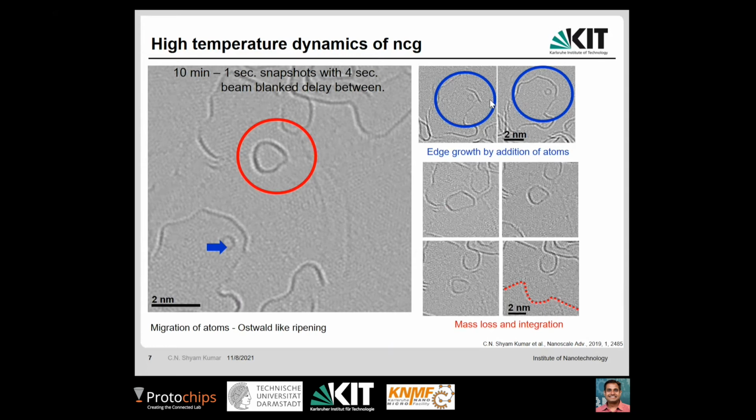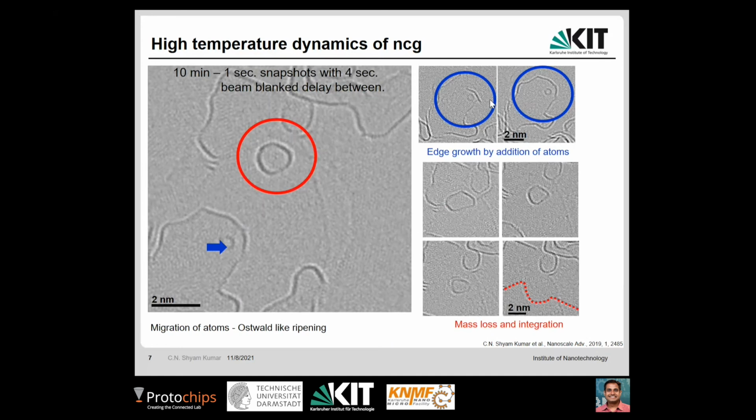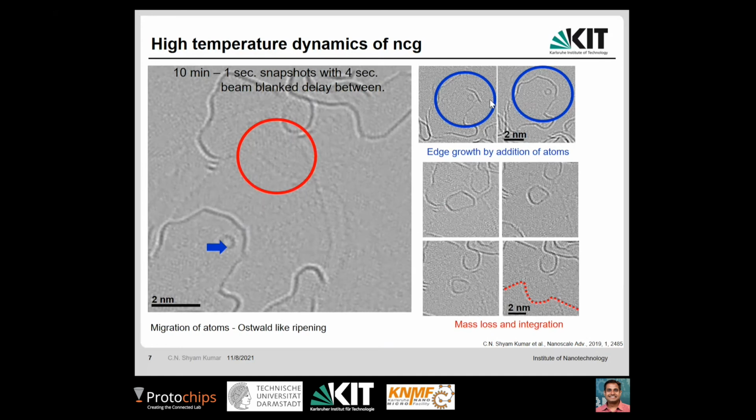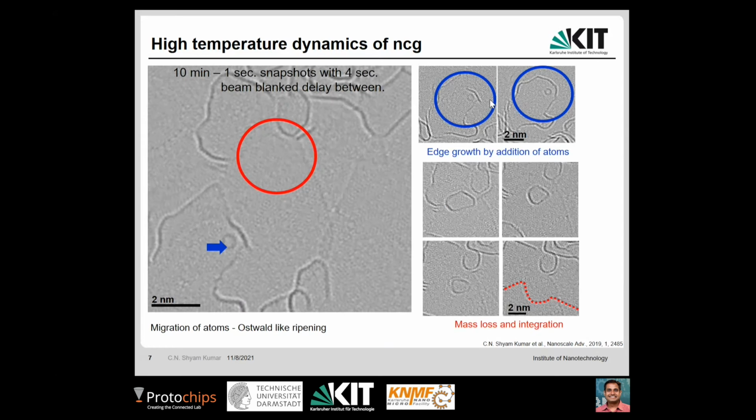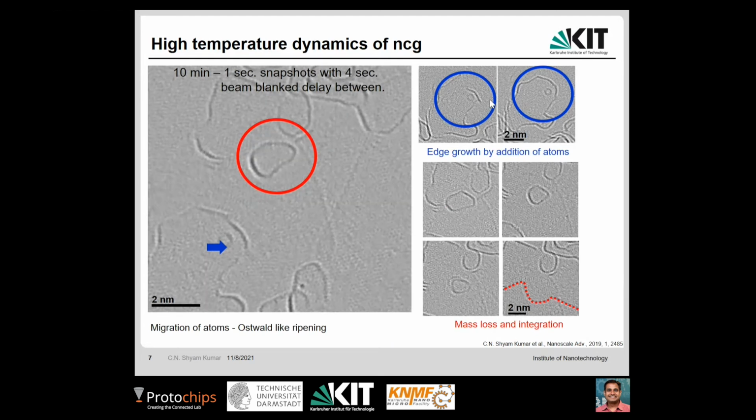So this means that atoms or group of atoms can detach from the small flake and attach to the larger ones, facilitating something like an Ostwald-like ripening in these highly defective systems, which was not reported previously. So here we can identify two different mechanisms.